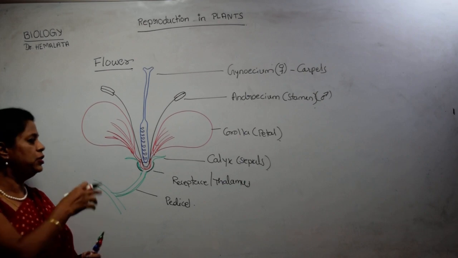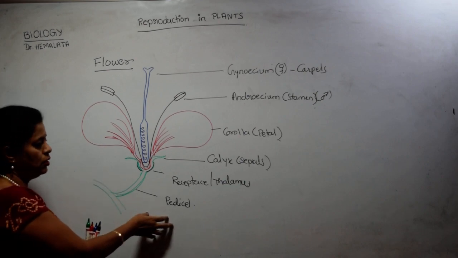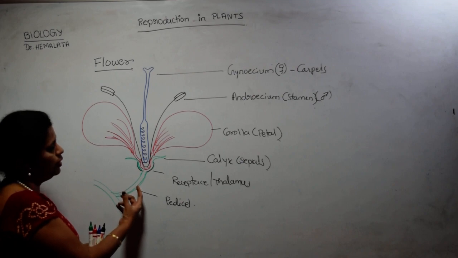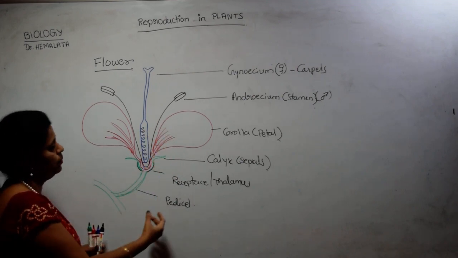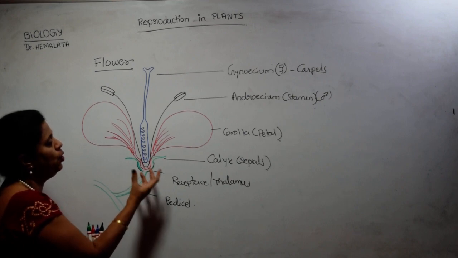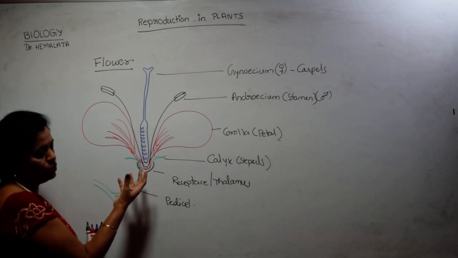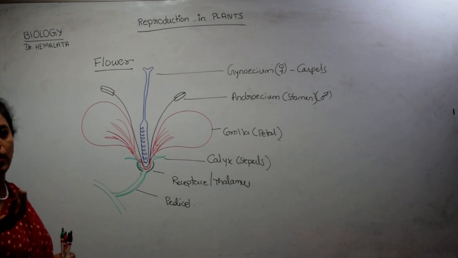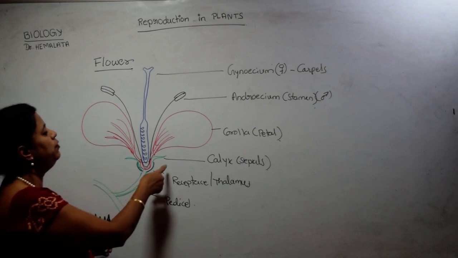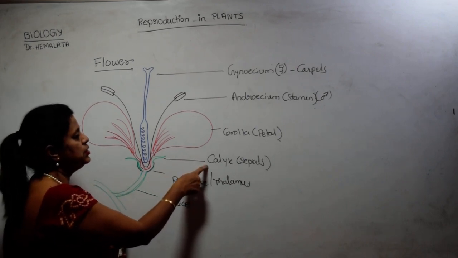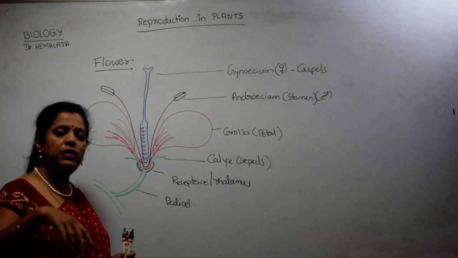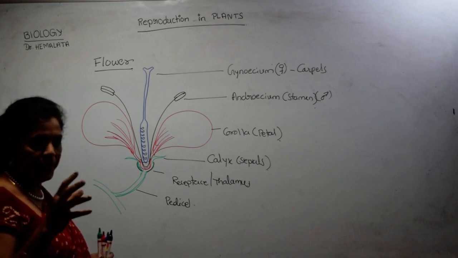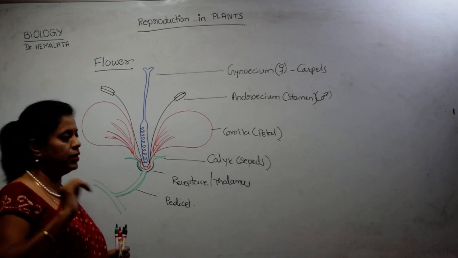So what you have learned is the stalk, which helps the flower to protrude out and be exposed for pollination. Then the receptacle will hold all the floral whorls. Whorls refer to the group of floral members. The first whorl is calyx, which is the green colored part, and normally in the bud condition it covers the complete petals and other sex organs and protects them.